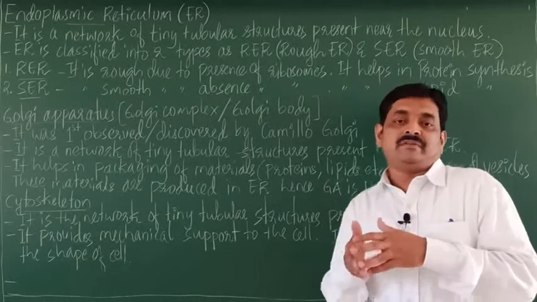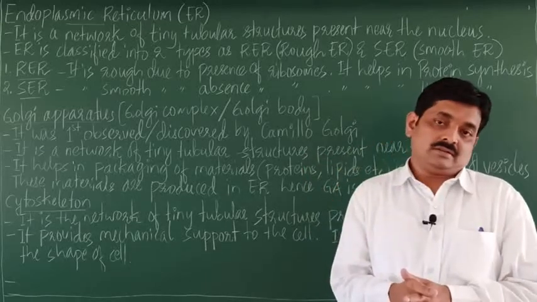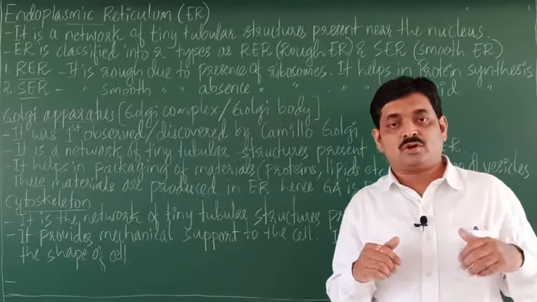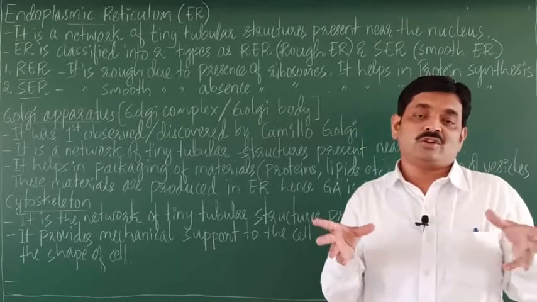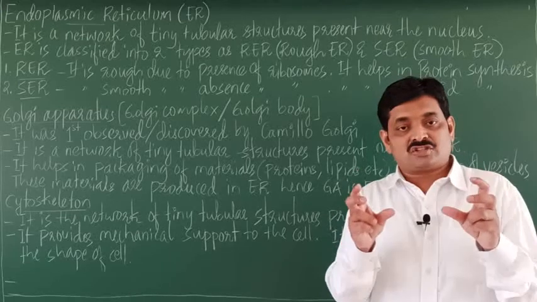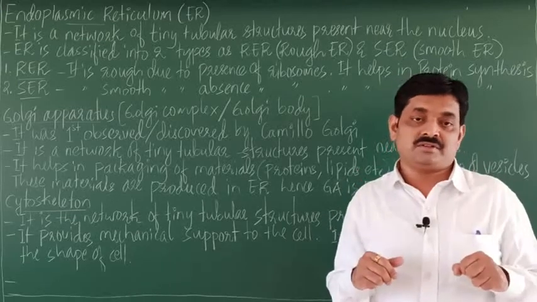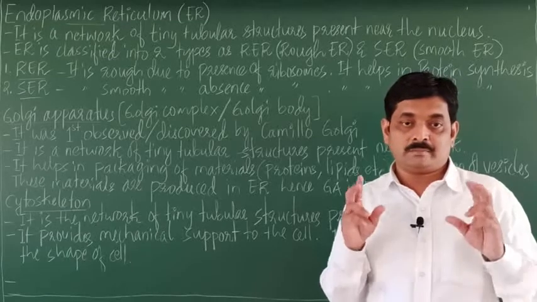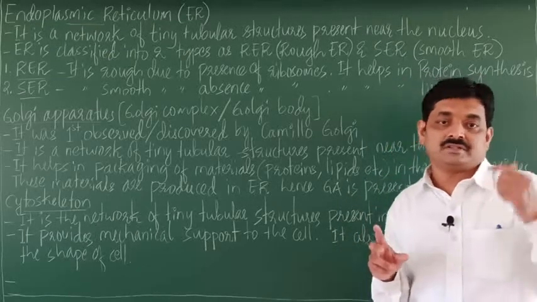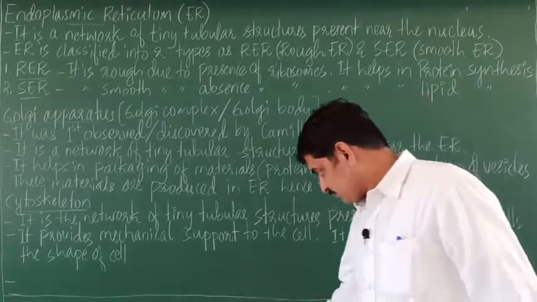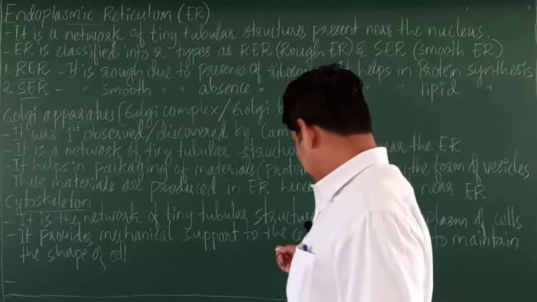This protein and lipid from ER comes to the Golgi complex or Golgi apparatus. Now, what does Golgi apparatus do? It packs these materials in the form of vesicles. What are these vesicles? Vesicles are like these.